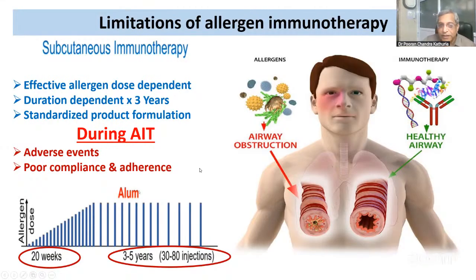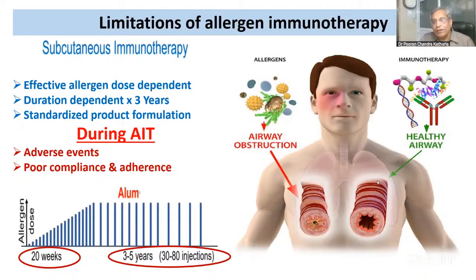And during this journey of allergen immunotherapy, the most important factor is the standardized product, and most of these patients get adverse effects and have poor adherence to therapy. If you look all over the world, 25% of patients with allergic disorders, especially high T2 inflammatory disease, are on allergen immunotherapy.